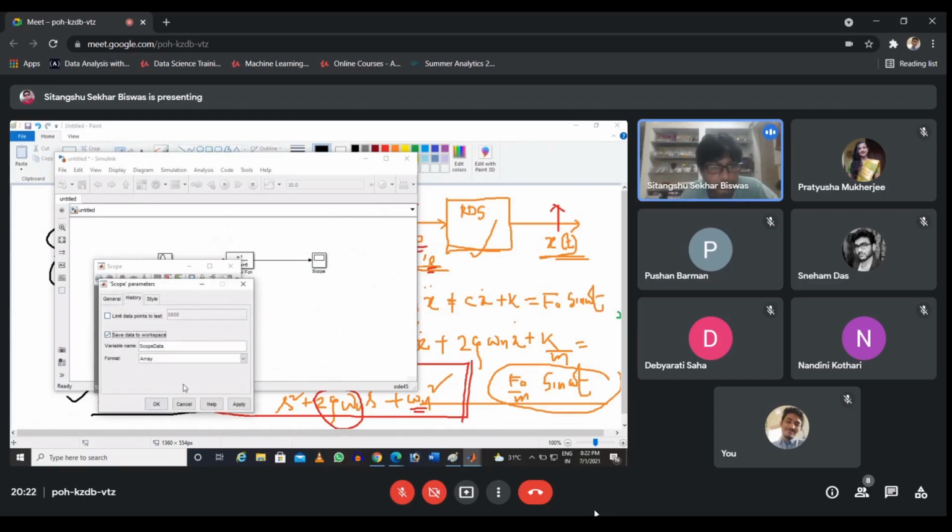This I want to save into my workspace, as a structure with time. Let us take a single axis only, and the variable name should be output.